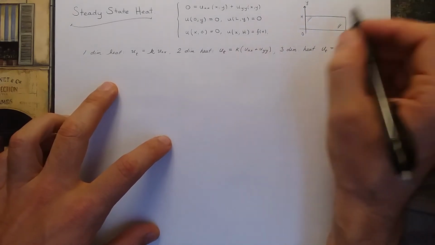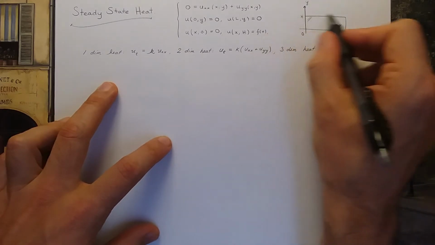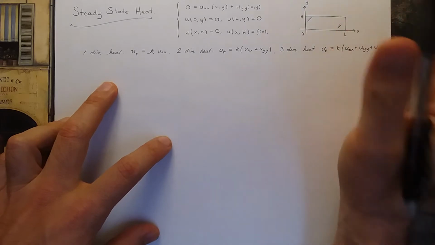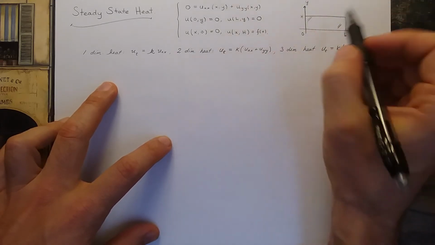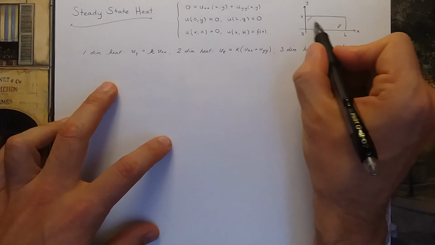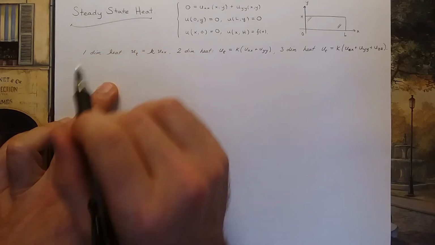If I keep the temperatures around the outside edge some constant temperature, then eventually, after a very long time, the heat in the middle will stay constant. That's the steady state heat equation.